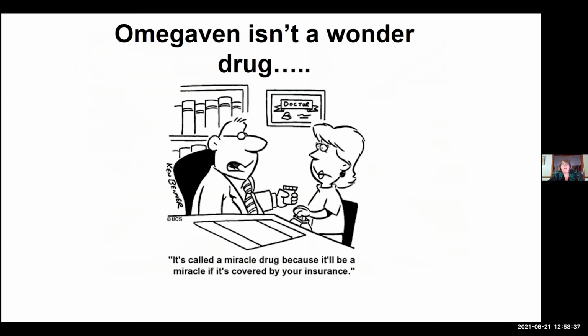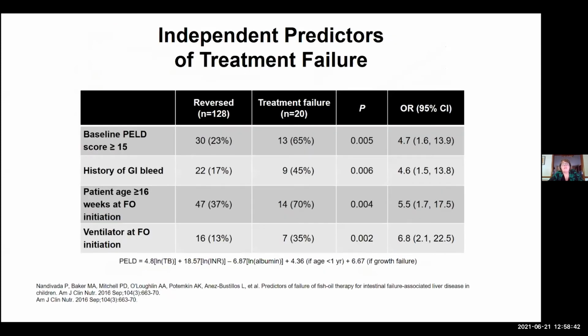However, knowing that, we also know that fish oil Omegaven is not a wonder drug. Not everybody gets better. Some patients, unfortunately, have to go on to transplants. Some patients do die. So we looked at our data to find out why that happened. We looked at all our patients that didn't respond to the therapy, and we identified 4 different independent predictors of treatment failure.